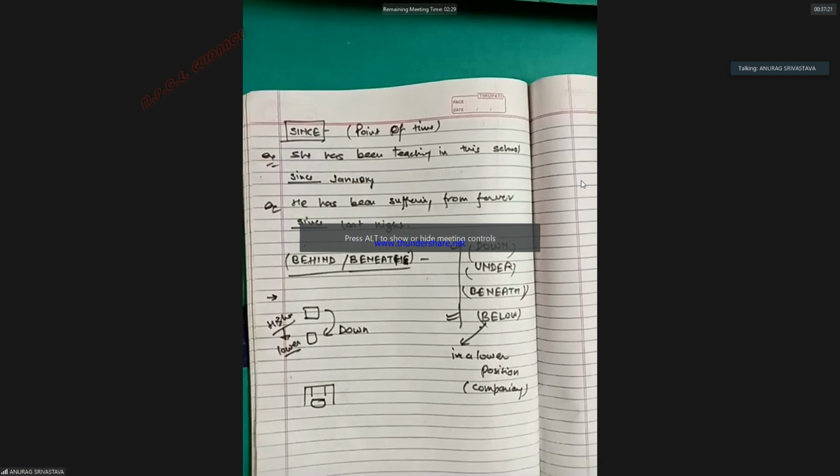Then we use under. For example, under the table. In this sense we can use under. And one more positional preposition, which is beneath. Beneath is directly underneath something. It shows the sense of deep.